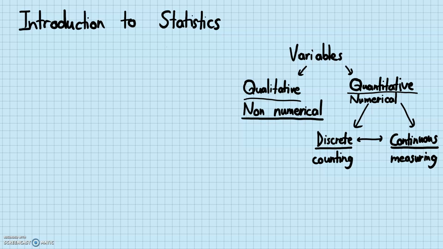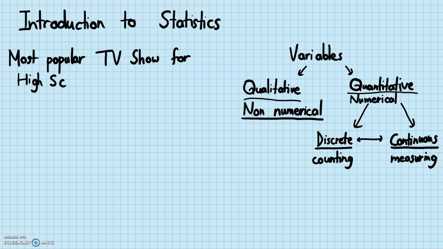So for example, if you want to find the most popular TV show for high school students, you can't actually ask every single high school student in the world what their favorite TV show is.